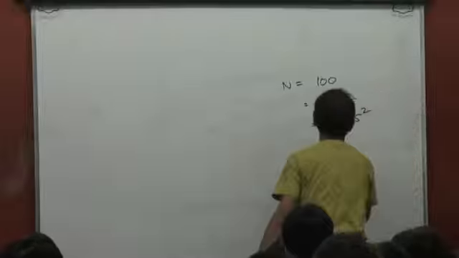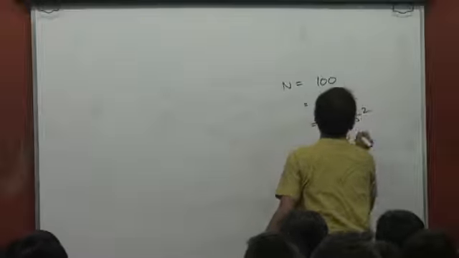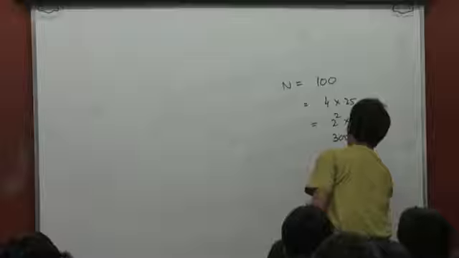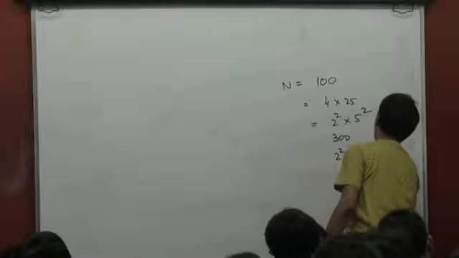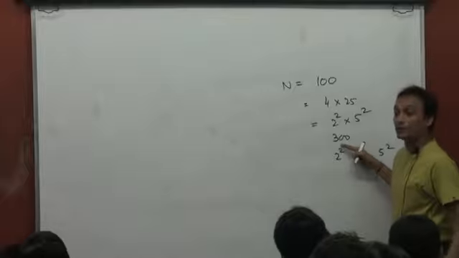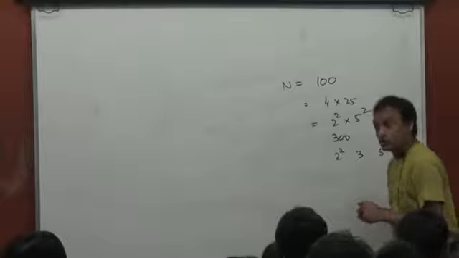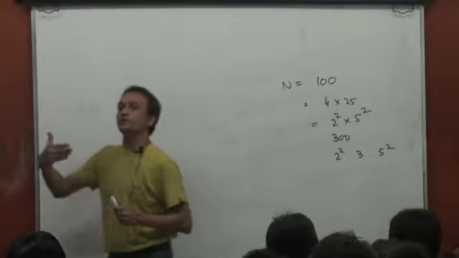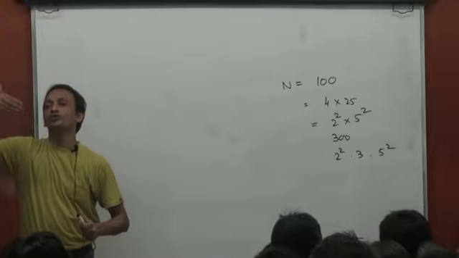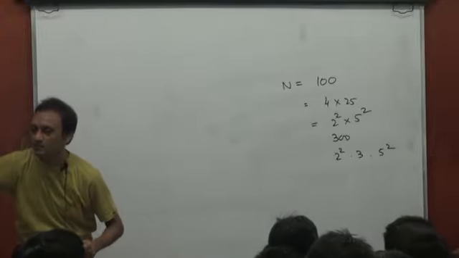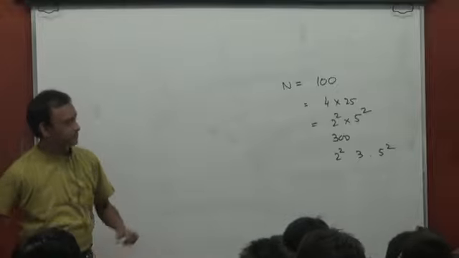If you had, let's say, 300, then in addition, you have 2 squared into 3 into 5 squared. 2 to the power something into 3 to the power something into 5 to the power something, right? So essentially, any natural number could be written as a product of powers of primes in a unique manner, right?